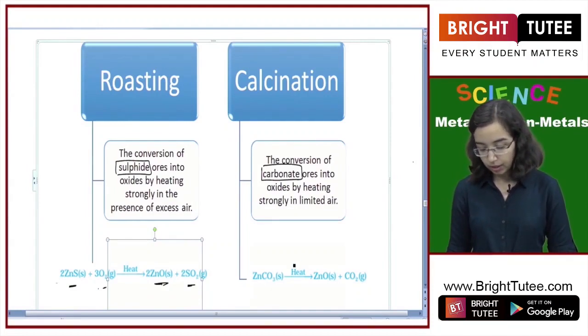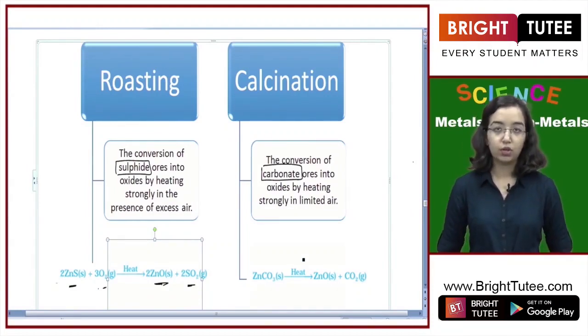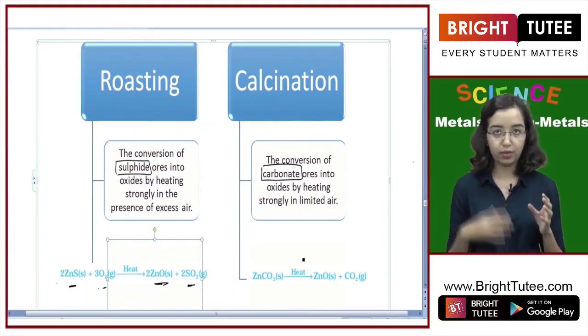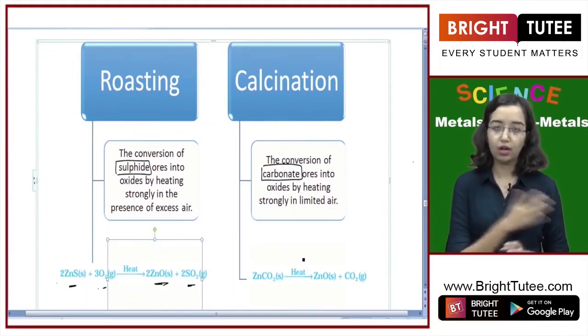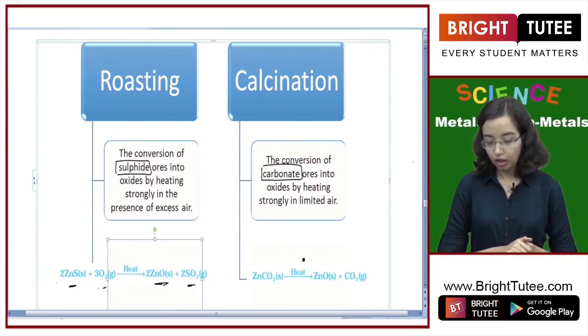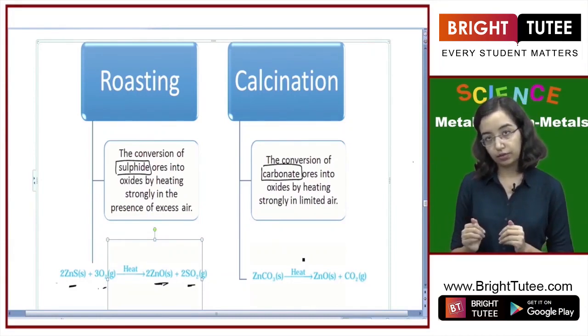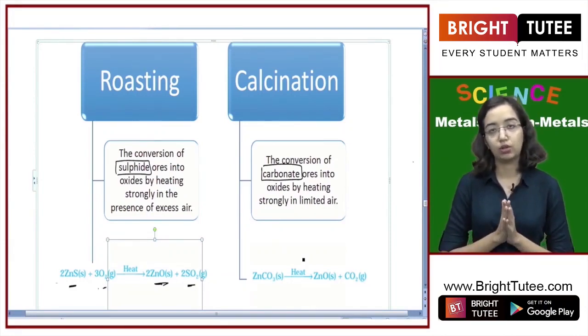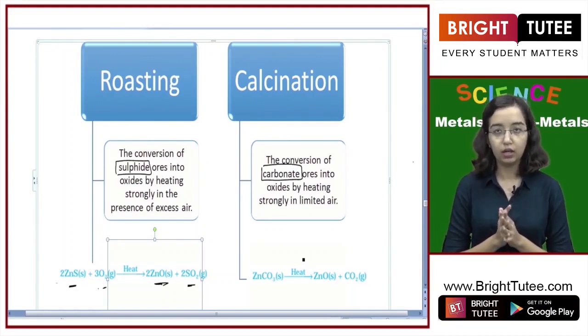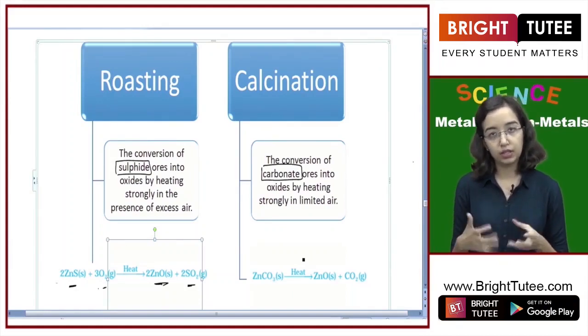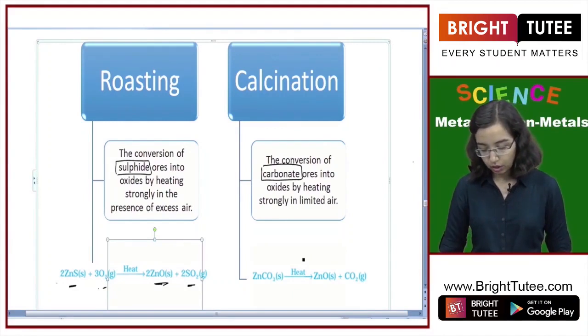Similarly for carbonates, the process is called calcination. If you want to remember, you can just create it in your mind that carbonates go with calcination, and roasting goes with sulfide. So for carbonates, a lesser amount of air is required because the reaction does not involve oxygen, it just requires heat. So it is heating with a limited amount of air present. You heat ZnCO3, it forms ZnO and CO2.